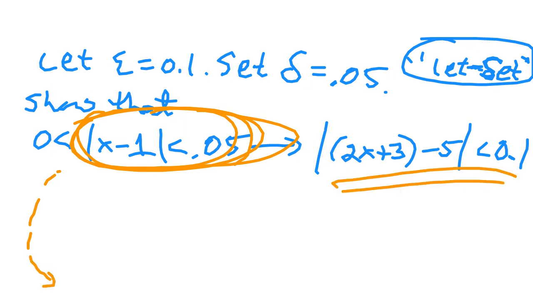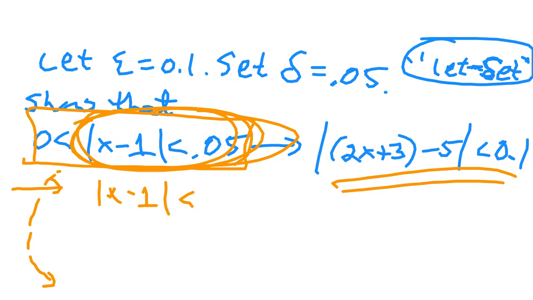So basically the page before this, if I work back up the ladder, then I can see that this implies the right part of this inequality is absolute value of x minus 1 is less than 0.05, which implies what?